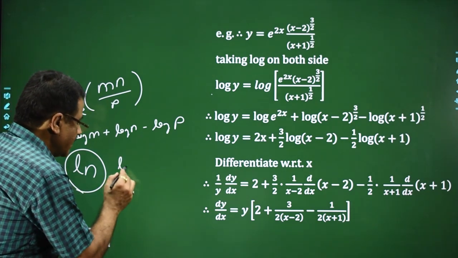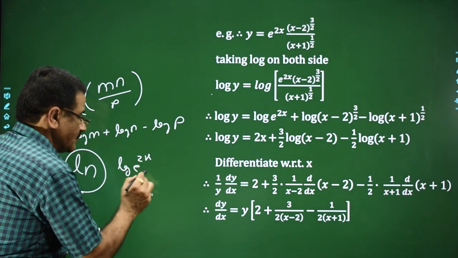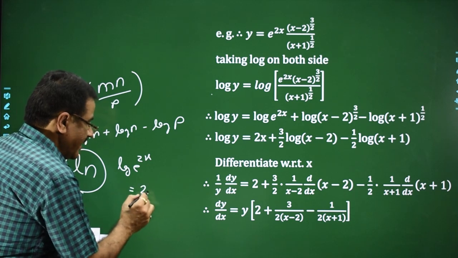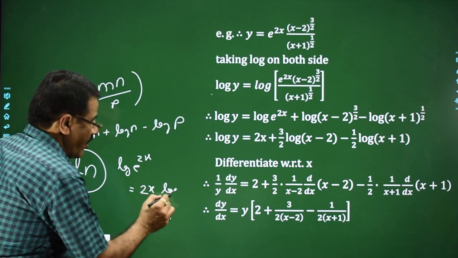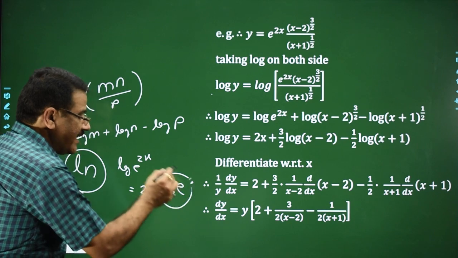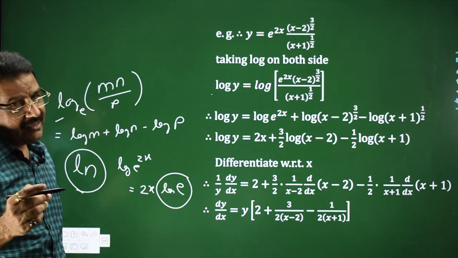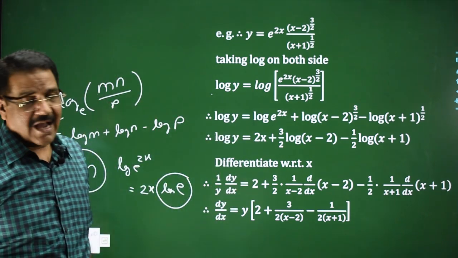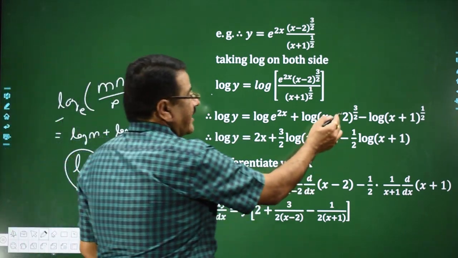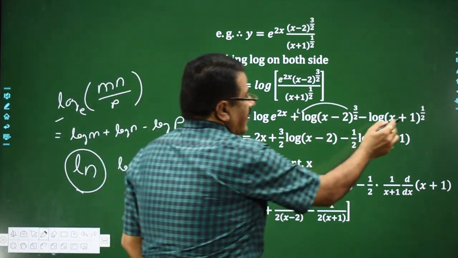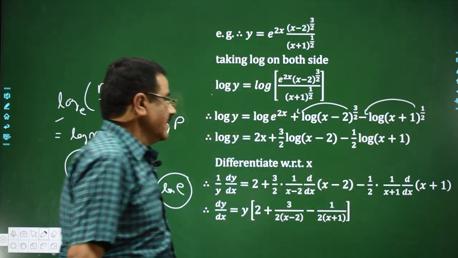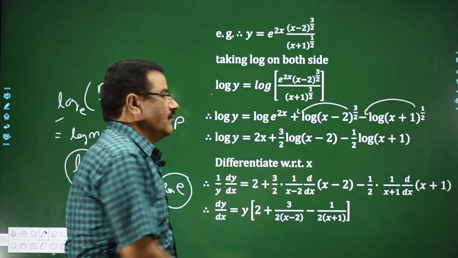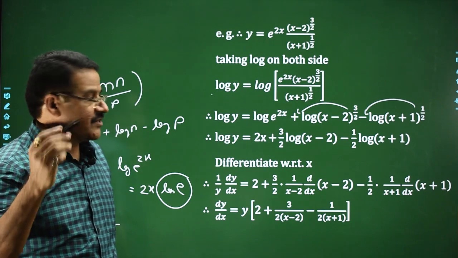Why? Because log of e raised to 2x, so as per laws of logarithm, it becomes 2x into log e, and whenever log e to the base e is there, it is always 1. So, this can be written directly. Again laws of logarithm here, 3 by 2 can be shifted over here, 1 by 2 can be shifted over here, and then after this we can go for a differentiation.